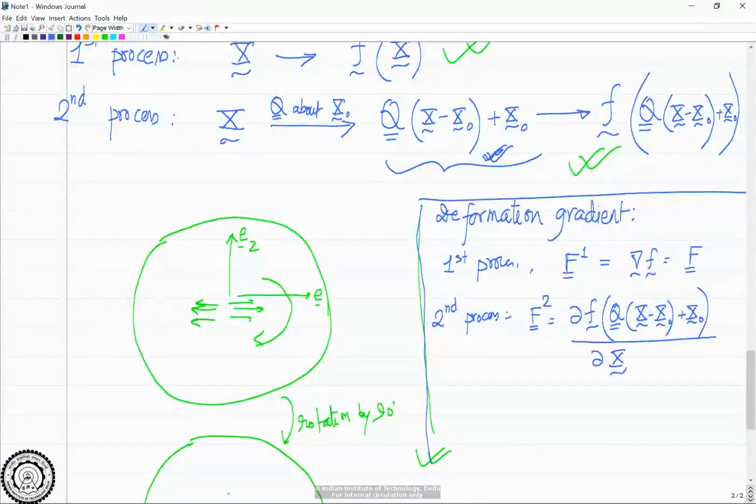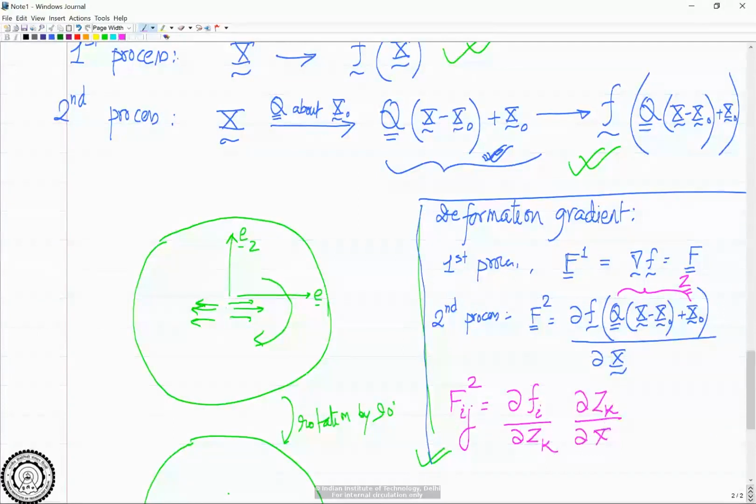That's what you have, big F. Now let us call this thing inside the bracket big Z. So F2 ij is simply del fi over del zk into del zk over del xj, right? We can write it using the chain rule.